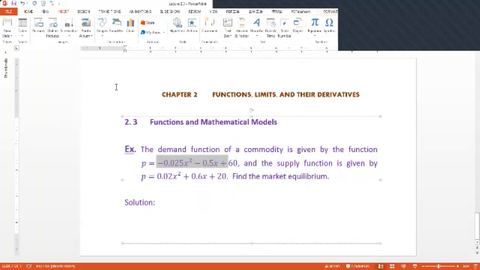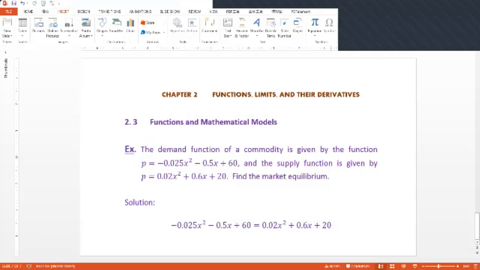So an equation: negative 0.025x squared minus 0.5x plus 60 equals the other function, 0.02x squared plus 0.6x plus 20.